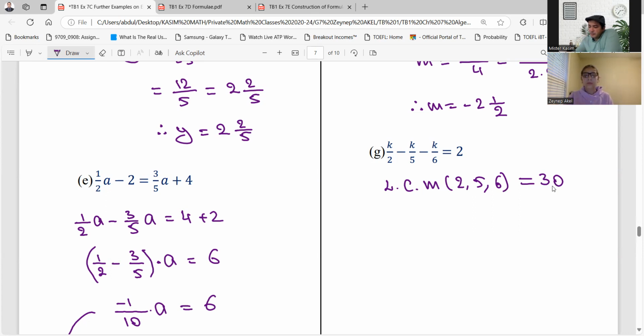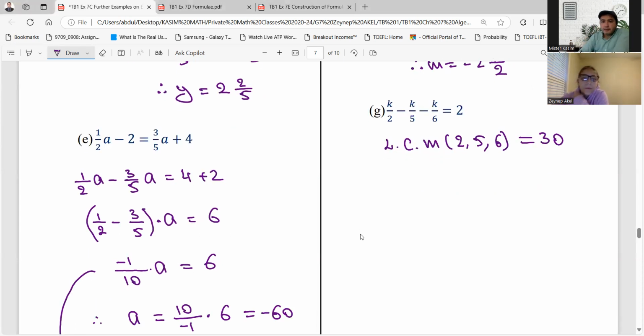Okay, now bring the common denominator, simplify, and let's see what you get here. Two times what equals 30? 15.